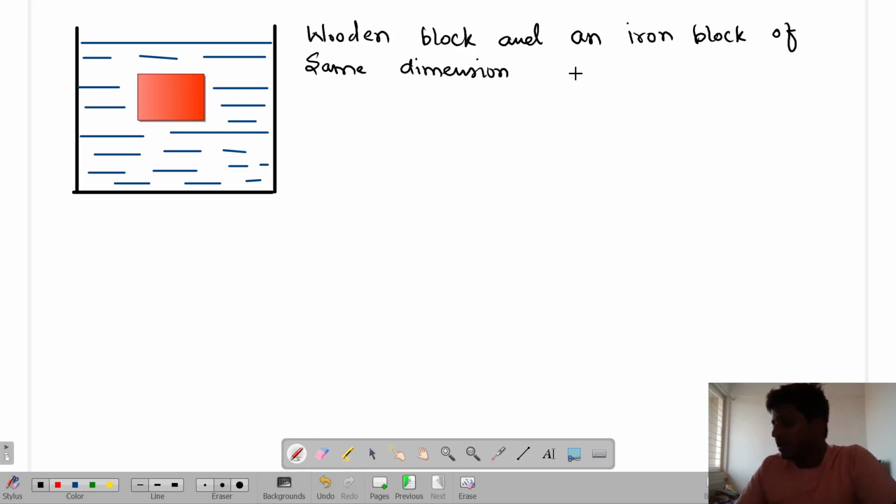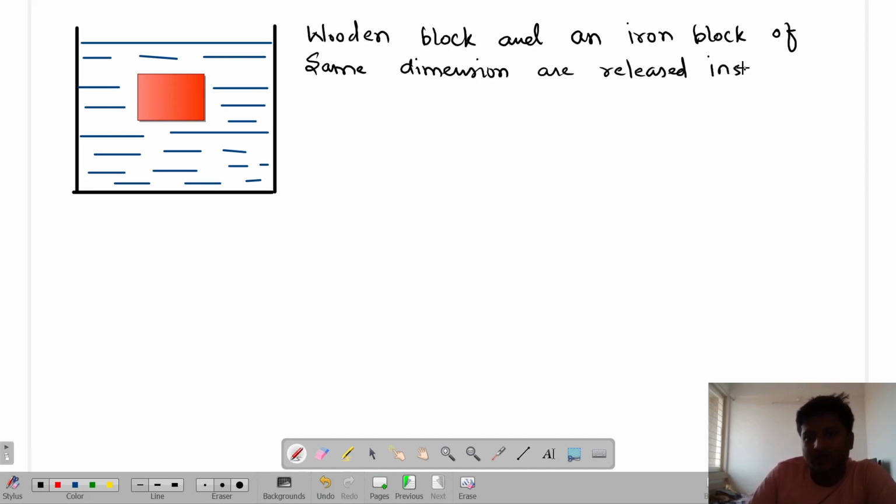Both are released inside the water as shown.